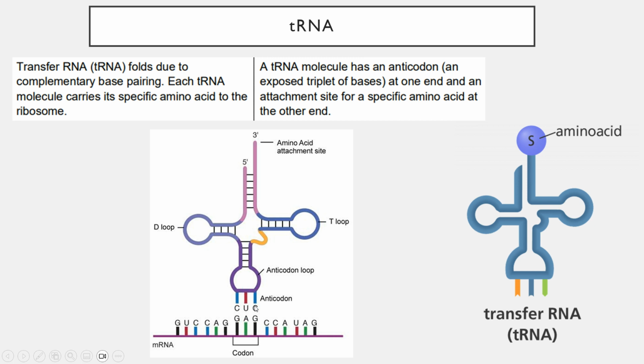G here, so a C on the anticodon. It's complementary, and that allows the attachment or binding of the tRNA to the mRNA. The other important site is at the opposite end, your amino acid attachment site. At one end it will bind to the messenger RNA, and at the opposite end, bring in the corresponding amino acid into the ribosome.